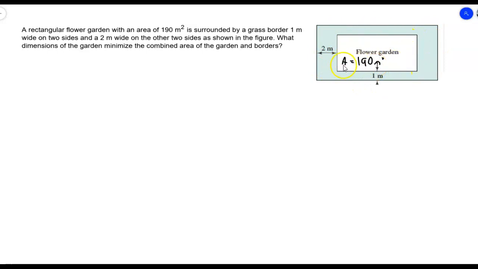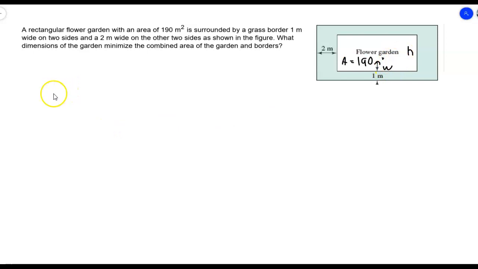So let's label the dimensions of our garden. Let's call the bottom width and the vertical distance height, which is usually what we do with a rectangle. This is for the flower garden.